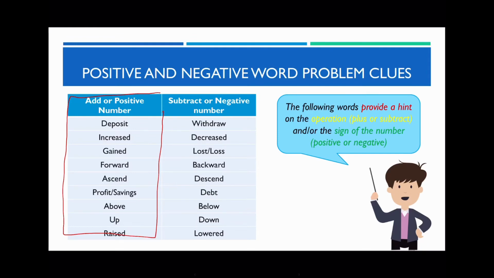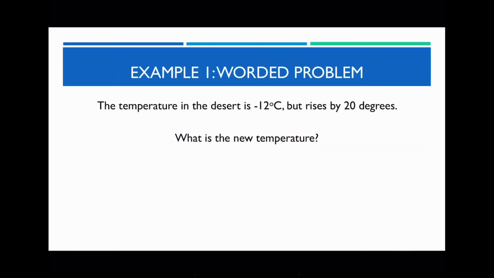So when you're depositing, let's say $100, this is going to be plus 100. Whereas if you're withdrawing $100, meaning taking money out, this is a subtraction, this is a negative, so it's going to be negative 100 in this case. So please copy down this list, and if you refer to this list when you're answering the questions, you should have no problems whatsoever. So let's look at 3 particular examples before I get you to answer some questions on your own.